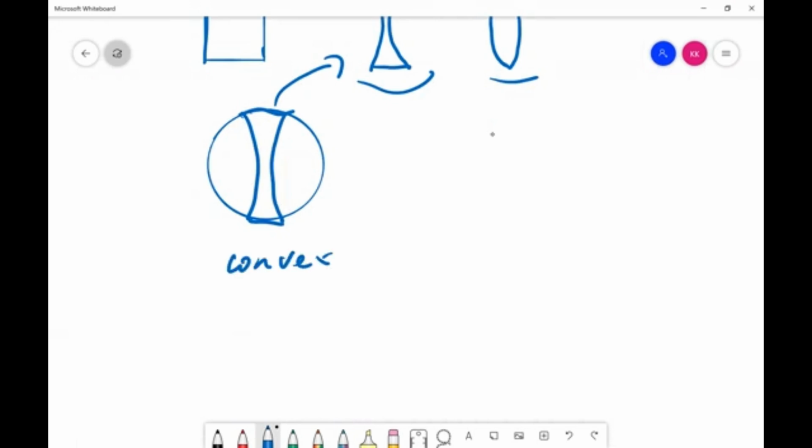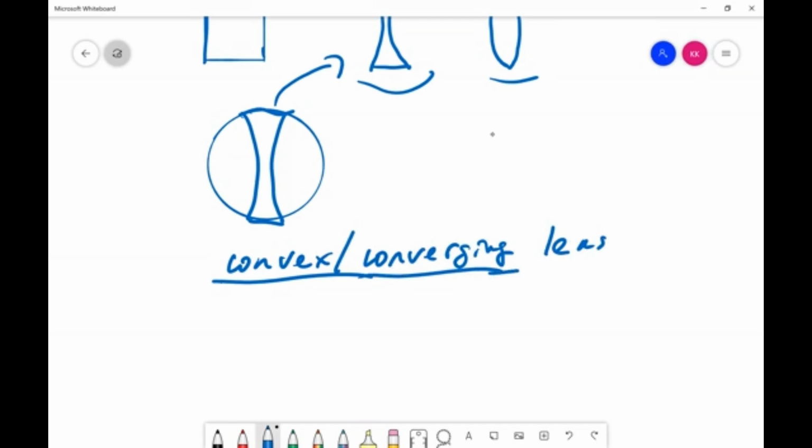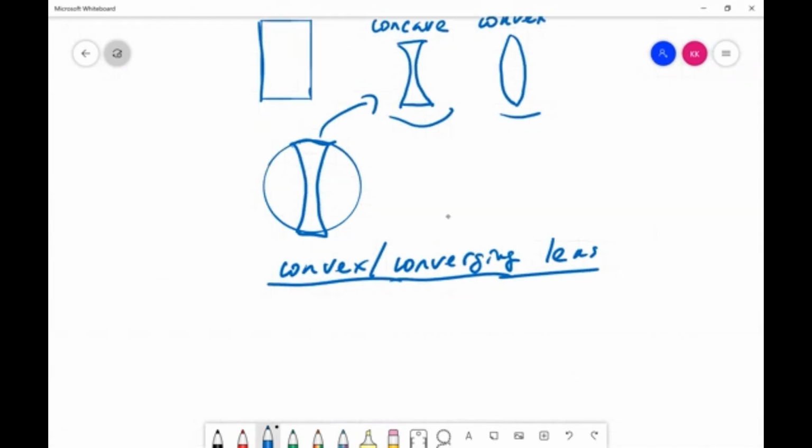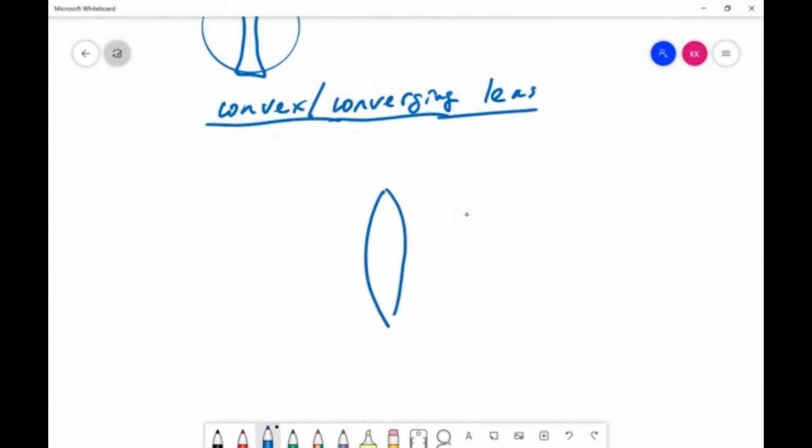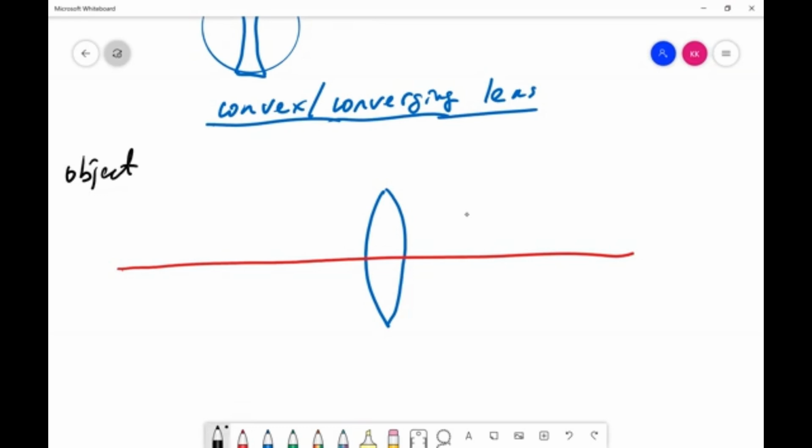Convex is sometimes also known as a converging lens. That's because when you have a lens like this, and let me draw an optical bench like that, you have an object.